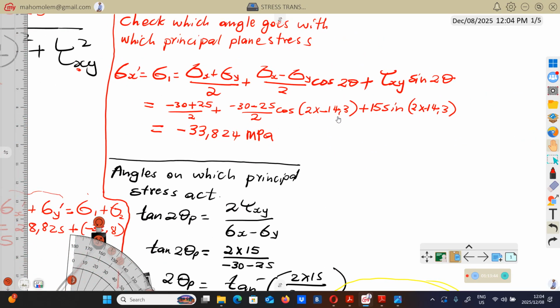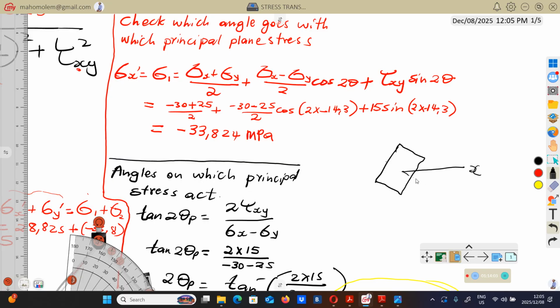So what does this mean? It means that this is the reference, this is the x.